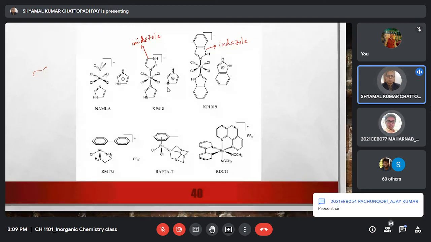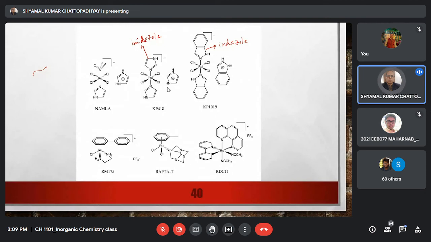But if you ask me how it can distinguish metastasis and primary cancer, then I may say that we are not going into the deep details, because different complexes have different pharmacokinetic pathways: how they enter inside the cell, how they get activated, to which cell component they bind.